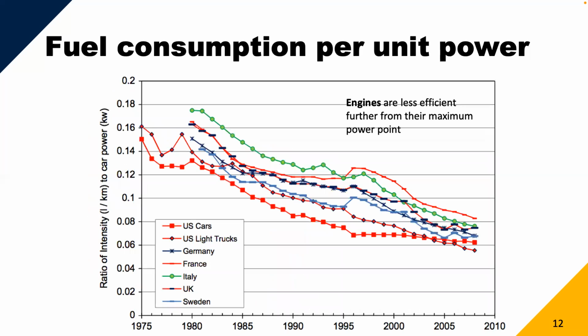And the fuel consumption per unit power, you can see here, same type of idea: as power increased, they kept fuel consumption relatively flat. So per unit power, you still are seeing these improvements. Okay, and so this is a nice contained example of how you might want to apply bottom-up models.